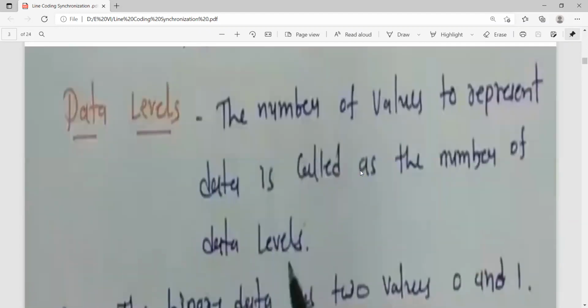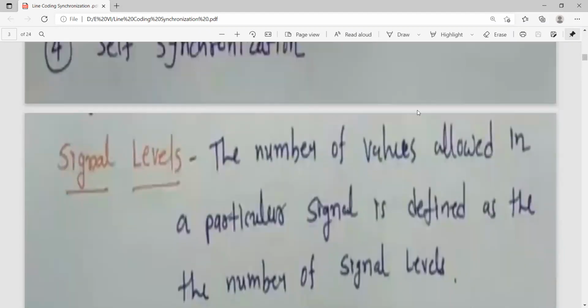So on this page, you can see the signal levels. The number of values allowed in a particular signal is defined as the number of signal levels. The allowed values are 0, plus amplitude and minus amplitude.